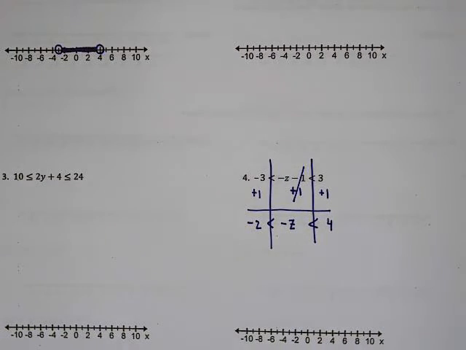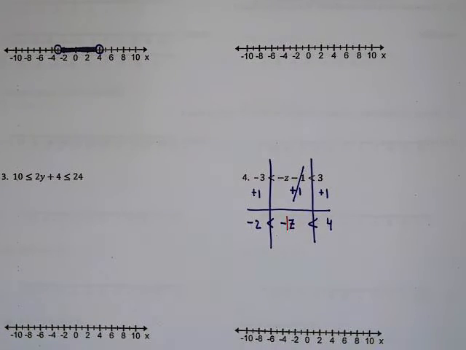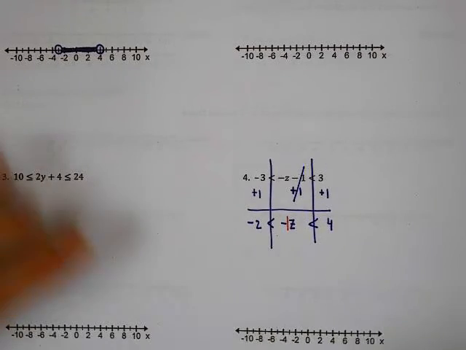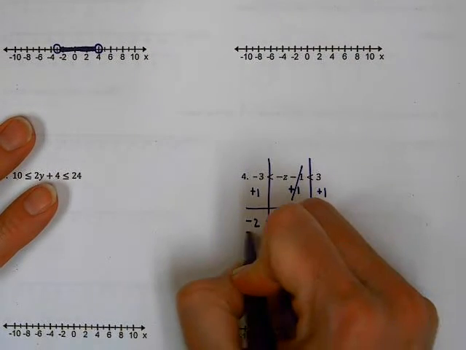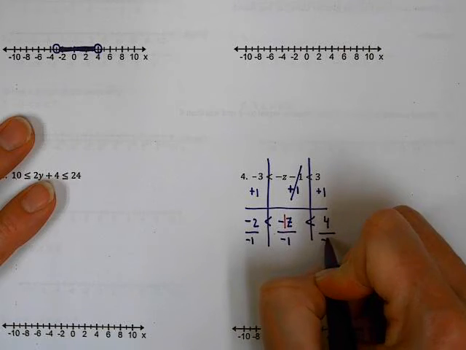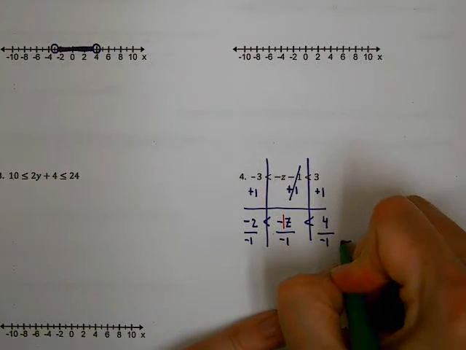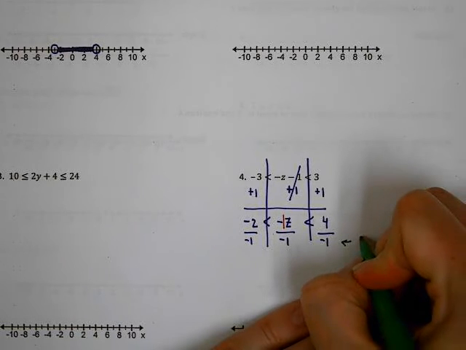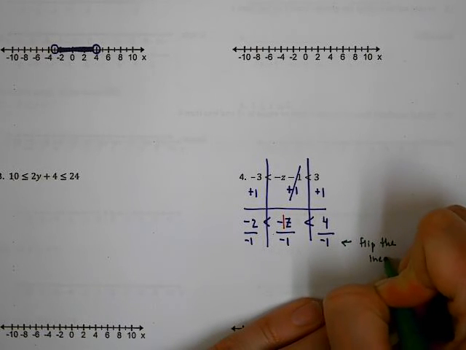So now I'm almost there, but really what I have here is a negative 1 times z. To get z all by itself, I need to divide by a negative 1, which means I do that everywhere. And hopefully you're recognizing now, because we're dividing by a negative 1, we need to flip the inequality symbol.